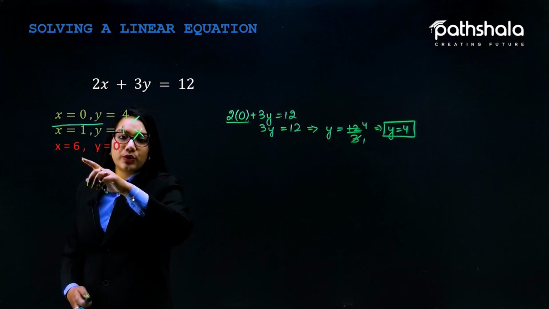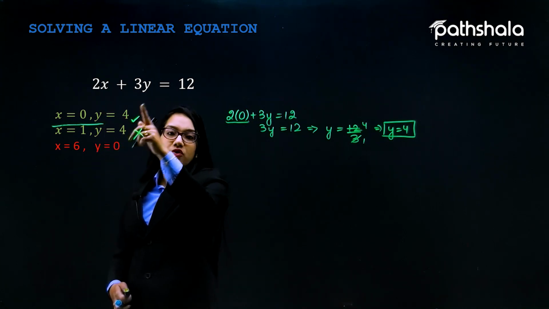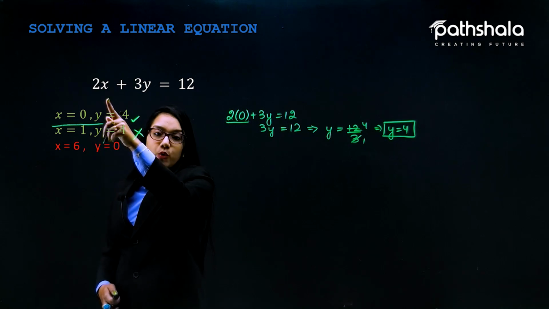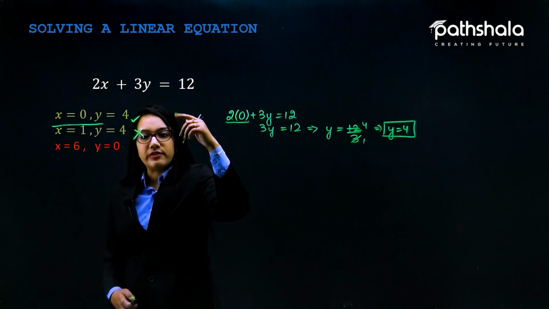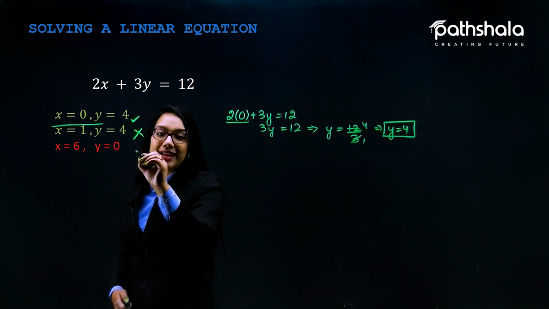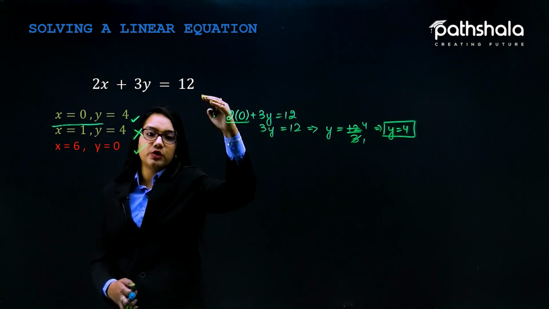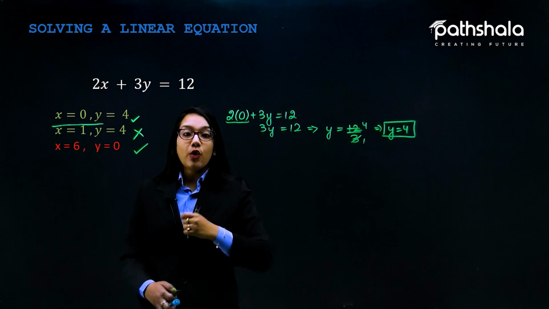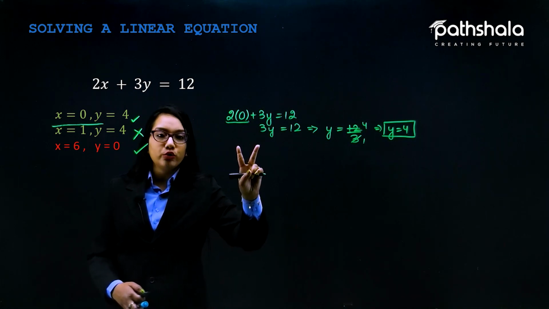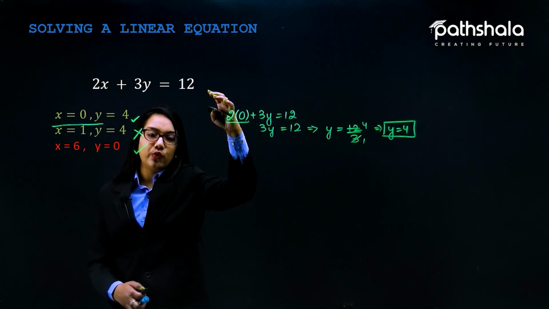Because if we substitute x as 6 and y as 0 in this equation, we get 6 into 2 is 12, 12 plus 0 is 12 again. So 12 is equal to 12. So again this is the solution of this linear equation in two variables. It means we have already found two solutions of this linear equation in two variables.